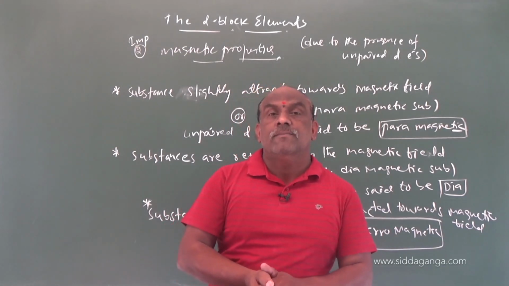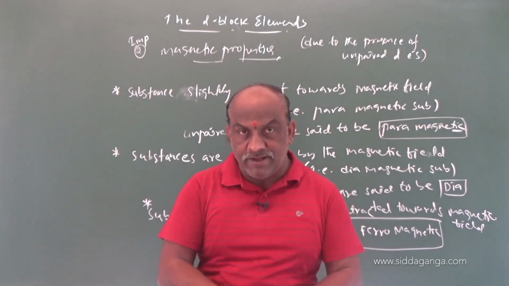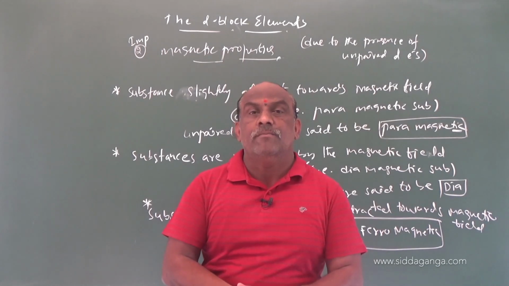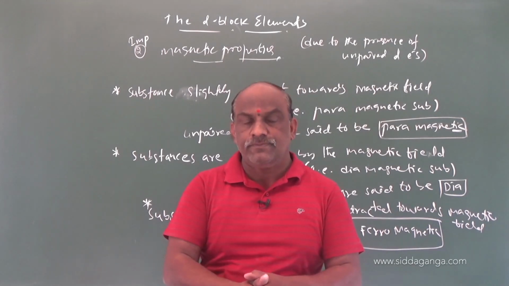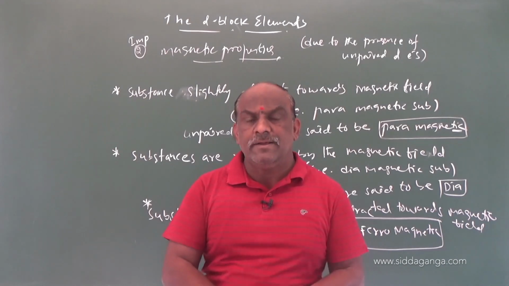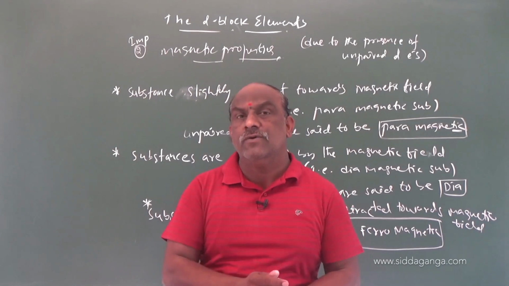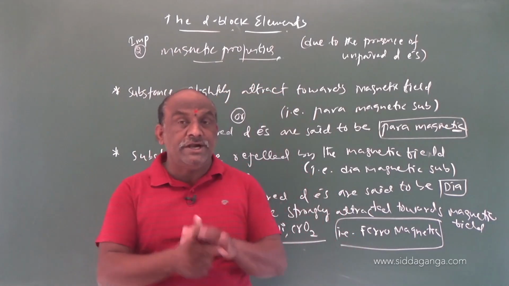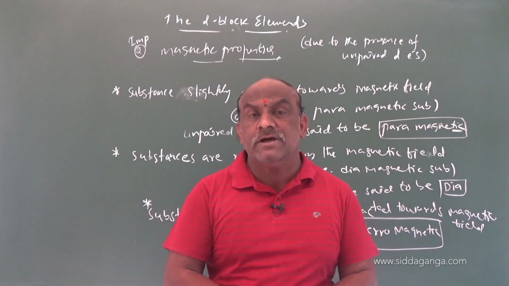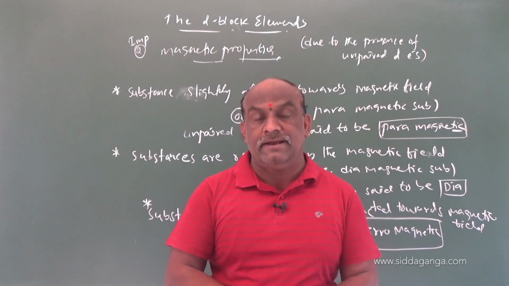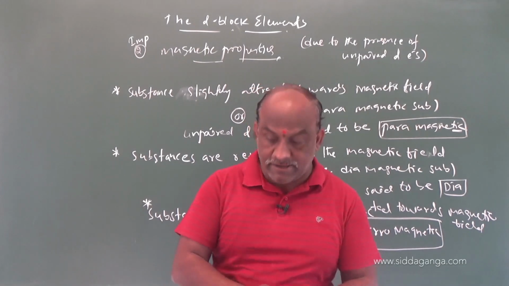Here, magnetic behavior is expressed in the form of magnetic moment. Paramagnetic behavior and diamagnetic behavior are expressed in the form of magnetic moments. These magnetic moments are measured with the help of the Bohr magneton.